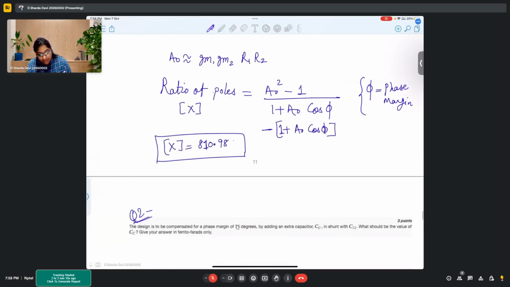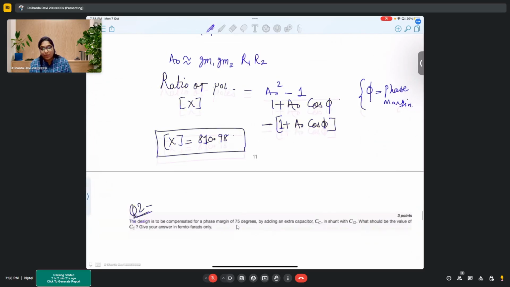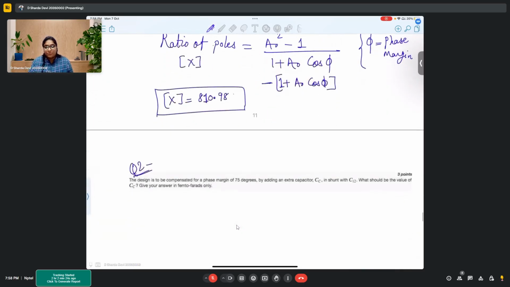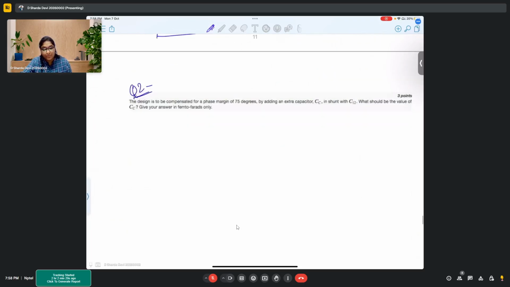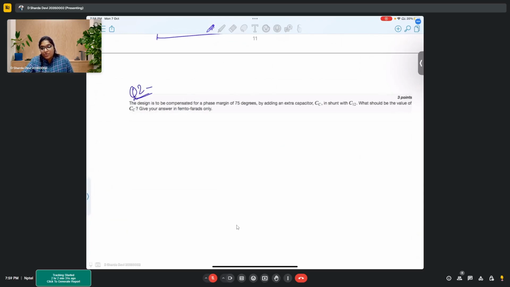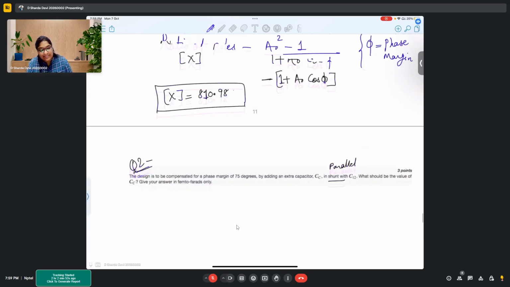Okay, coming to the second problem. In this problem, the design is to be compensated for a phase margin of 75 degrees by adding an extra capacitor in shunt to C12. Shunt means parallel to C12. What should be the value of CC?